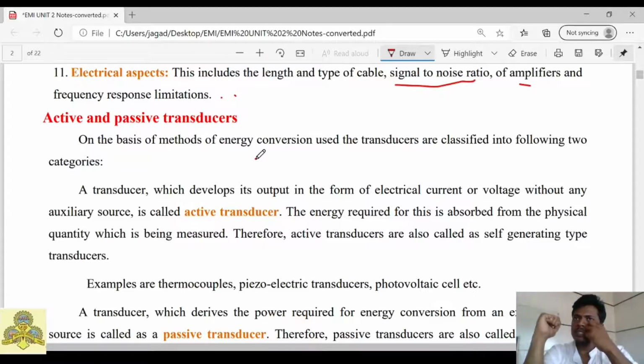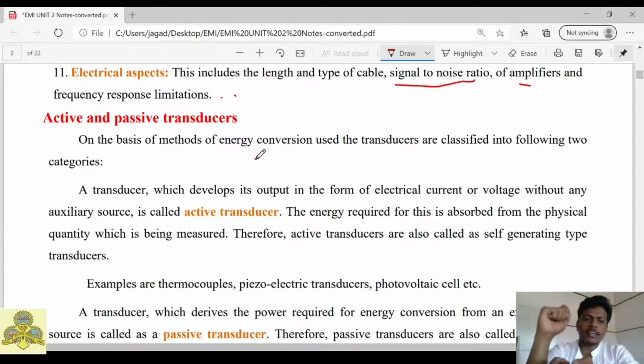Here you can observe, to convert light into electricity, do we need any electricity? Extra electricity is not needed to convert light into electricity, isn't it? But in the case of a weighing machine, what happens? The weighing machine needs electricity to sense the weight and display it on a screen.